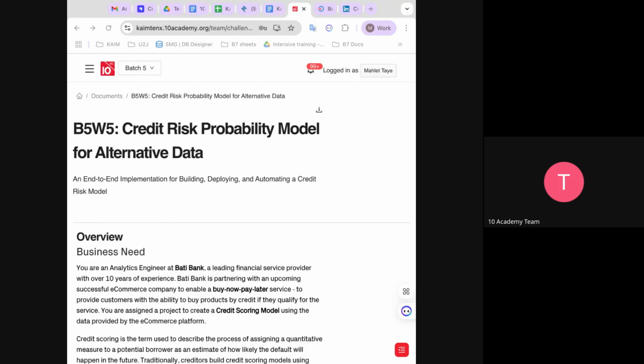So, in order to overcome that, there is a concept called credit scoring, which is a process of assigning a numeric score to a borrower to reflect how likely they are to repay the money that they get from the institutions. So how do you make this work?